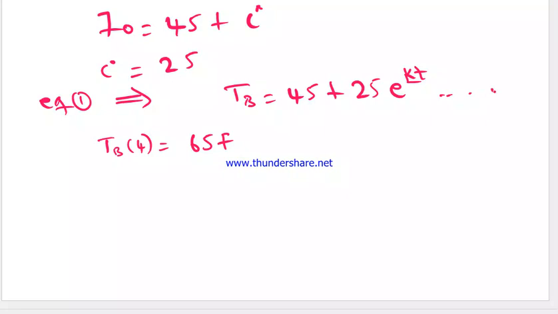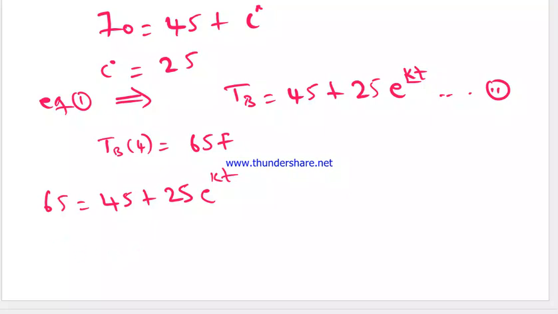Therefore, we can now use it in equation 2. So it becomes TB equals 45 plus 25 exponential KT. And our TB now is 65. We can just put it directly there. So 65 is equal to this.